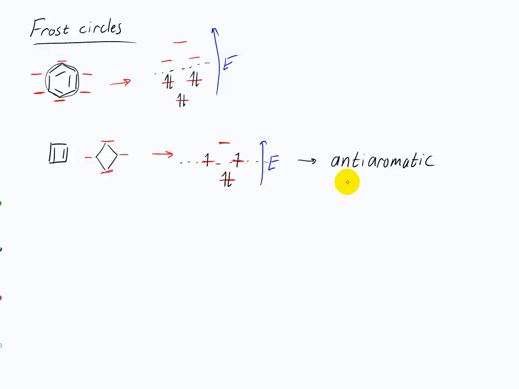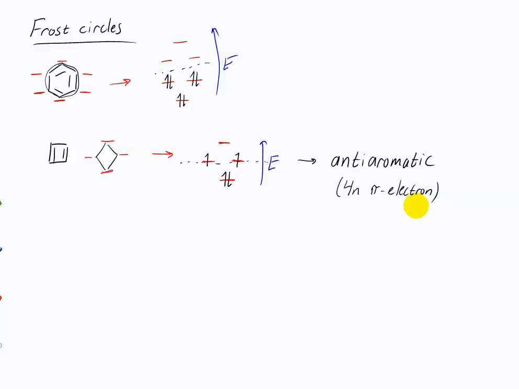And the shorthand is you can always tell when something's going to be anti-aromatic if it has 4n pi electrons instead of 4n plus 2. That is a number that's divisible by 4. So 4, 8, 12, 16, 20.